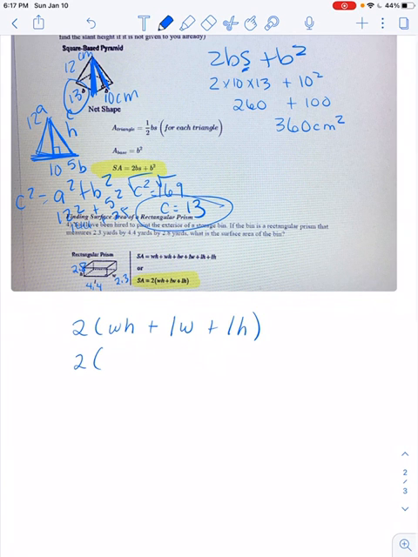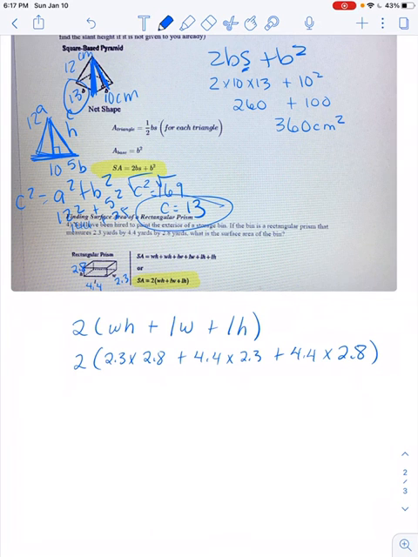So for the width, we have 2.3 times the height, 2.8, plus the length, 4.4 times the width, 2.3, plus the length, 4.4 times the height, 2.8.